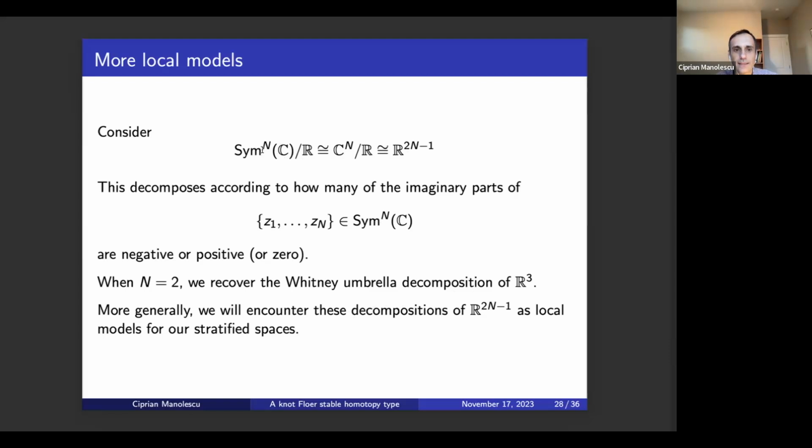The Whitney umbrella is basically Sym^2 of the complex plane divided by R, where you stratify according to the signs of the imaginary parts of these variables. And you can generalize this to Sym^n of C mod R. And you get some standard decomposition, and this is what we want to be the local model for the stratified spaces that we construct. We're going to construct them inductively, and we want to know what the local models are when we do the construction.